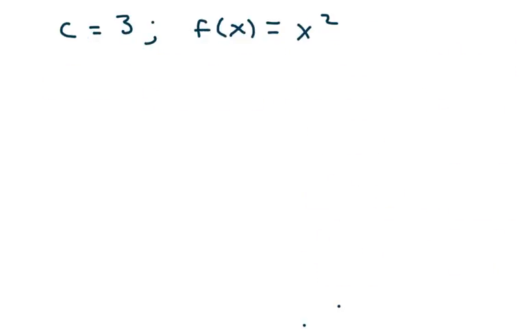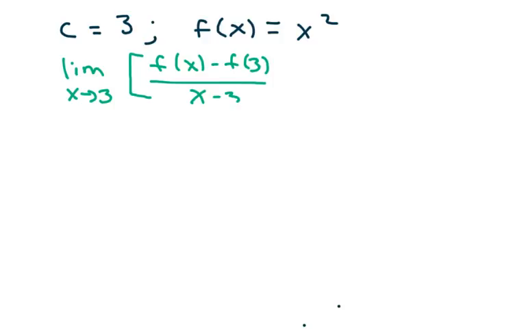Okay, the next one is c is 3, f of x is x squared. So we're going to do the limit as x approaches 3 of f of x minus f of 3 over x minus 3. So you're just writing down f of x first, x squared, and then you're going to square the 3, so that's going to be minus 9 over x minus 3. And I should have done the limit here, so let me erase this real quick.